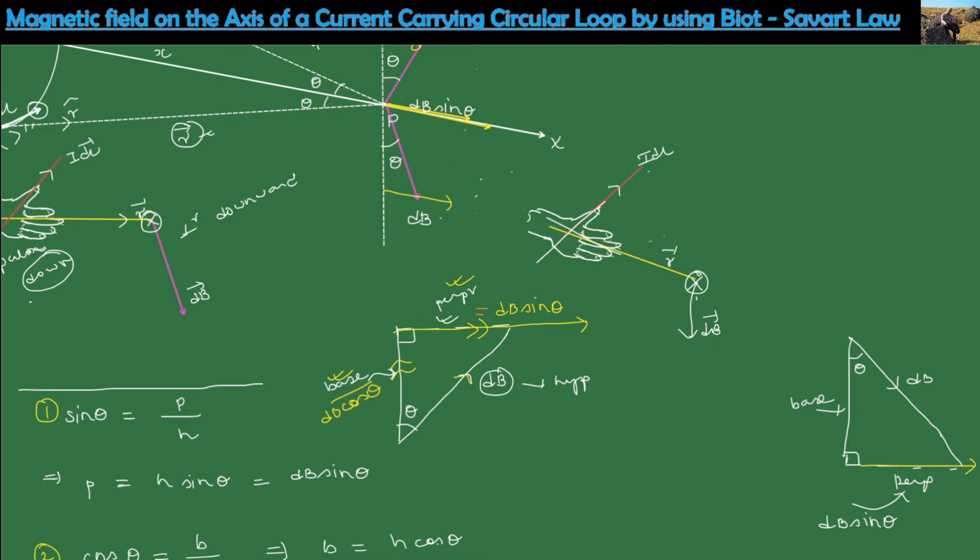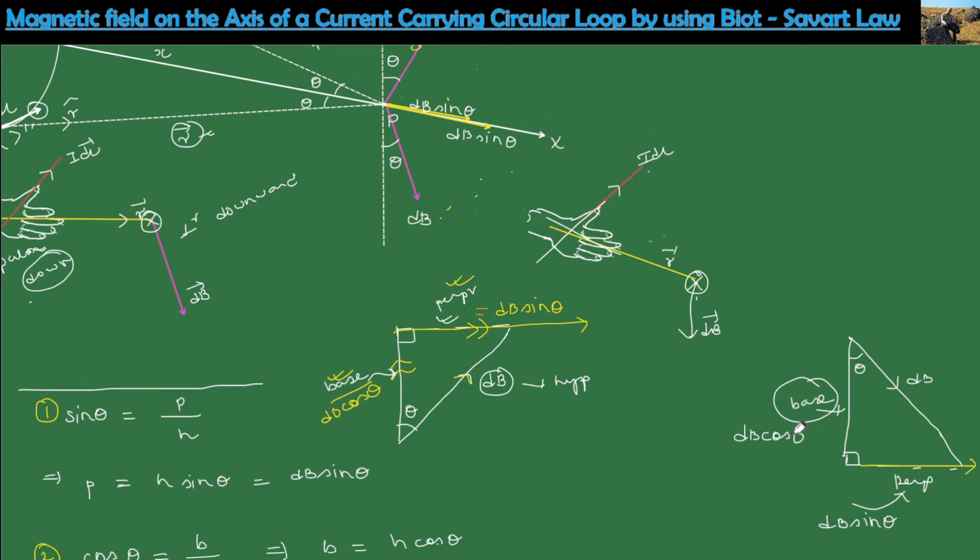So we have to be very careful while resolving vectors. Your concepts should be crystal clear. Next, we want to find the base component. This component will be of the value dB cos of theta.